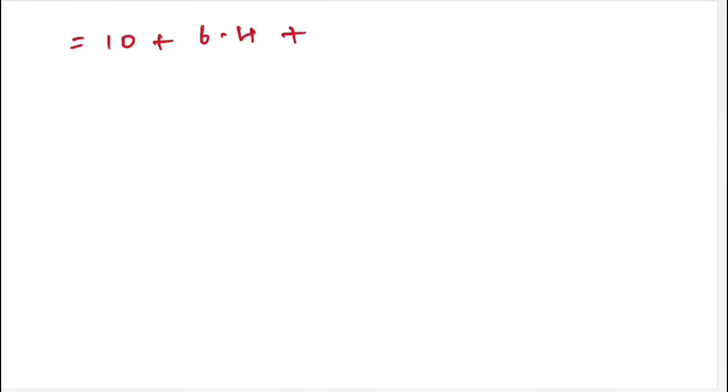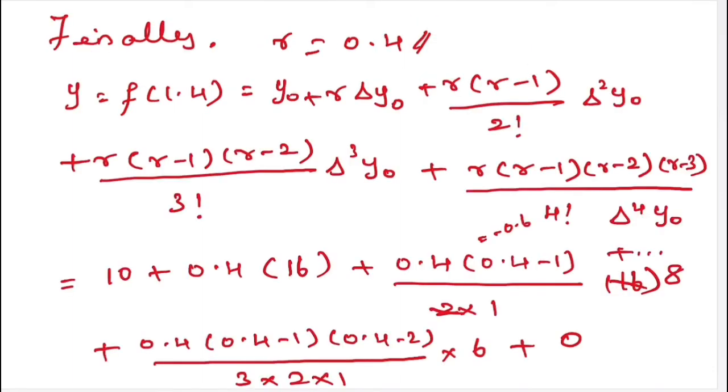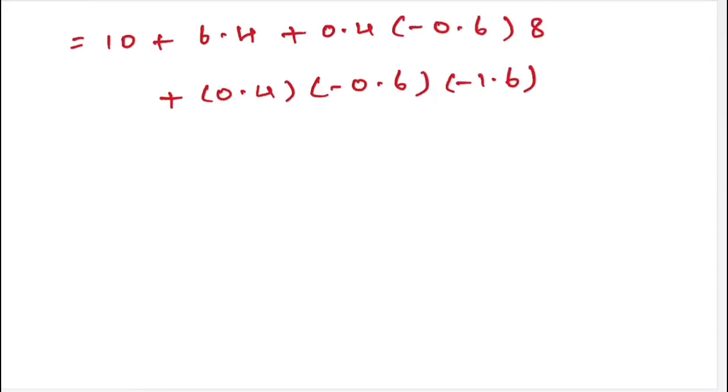So that is equal to 0.4 into minus 0.6 into 8, plus 0.4 into 0.4 minus 1 is minus 0.6, and r minus 2, 0.4 minus 2, is minus 1.6, and you can cancel 3 into 2, 6, and 6 get cancelled, so which is equal to 14.864.